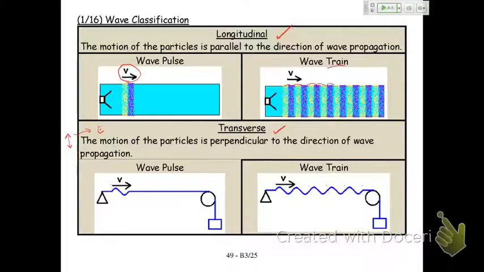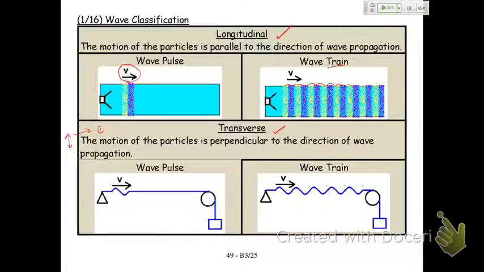A hum would be a longitudinal wave train. It's that continuous pattern. A tuba note, strictly, is not quite like that. That would be much more like a longitudinal wave pulse. It's only a short little click.